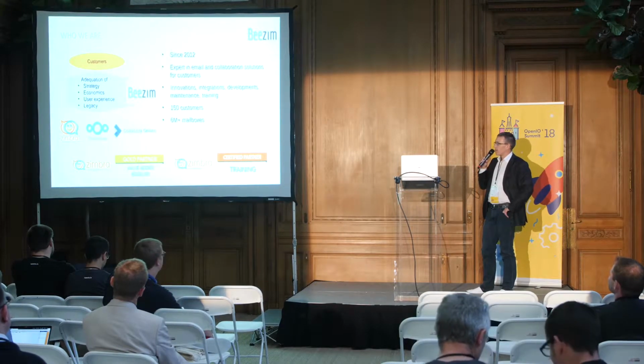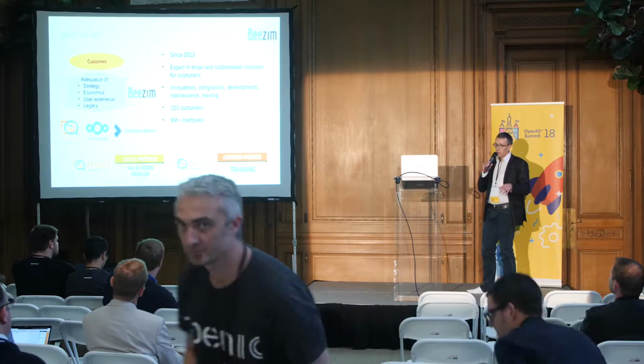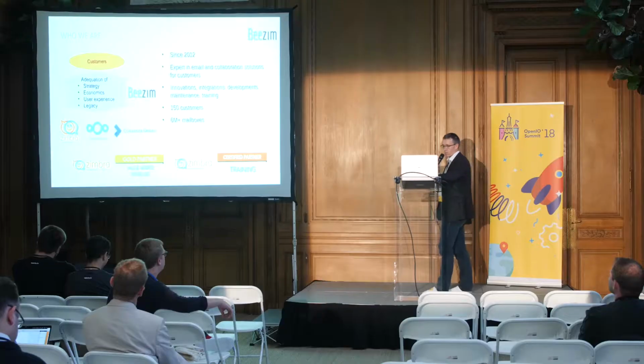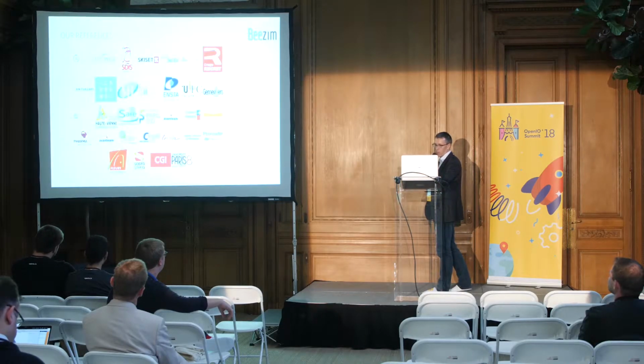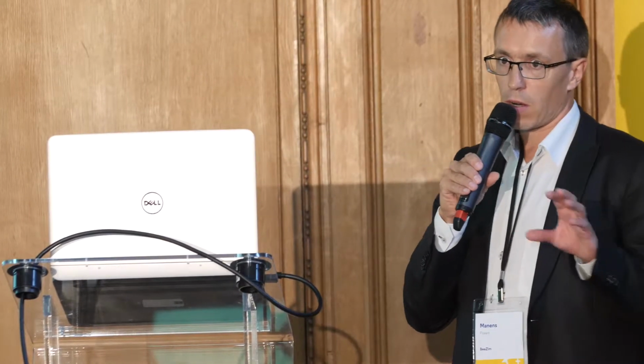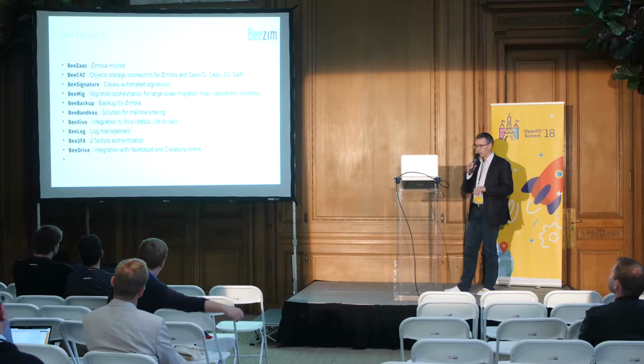We work with very small deployments, like 50 mailboxes, and very large deployments with multiple millions of mailboxes. And we have customers coming from any domain of activity: private companies, universities, ISPs, etc. We have a set of products that are ready to deploy for you.